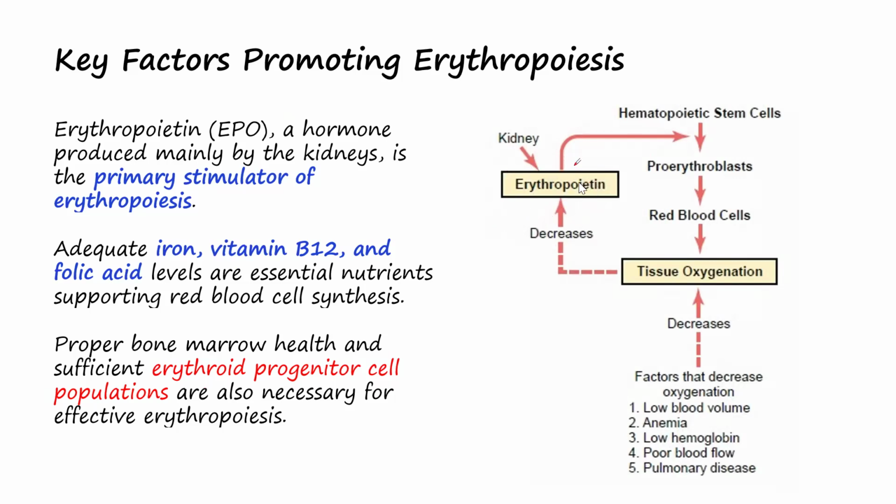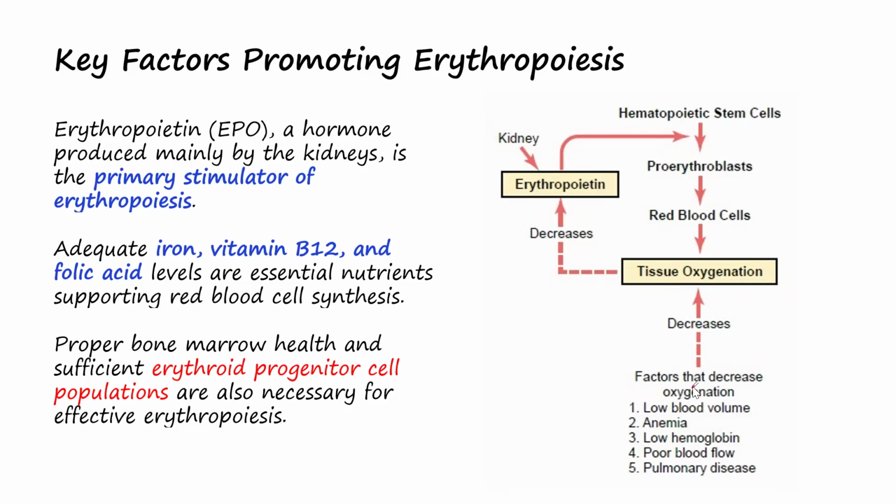As we can see from here, the kidney is responsible for producing erythropoietin. When the erythropoietin level increases, it will stimulate hematopoietic stem cells to synthesize new red blood cells, and as a result there will be tissue oxygenation.